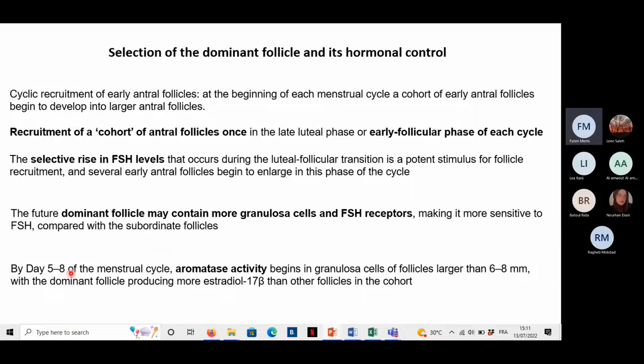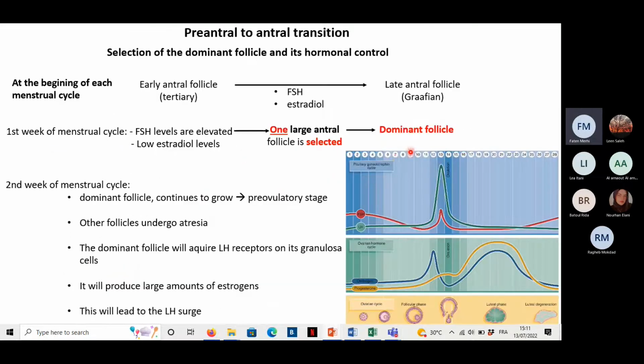And by day 5 to 8 of the menstrual cycle, the aromatase activity begins in the granulosa cells of the follicles. The aromatase is the enzyme that converts the androgens like testosterone into estrogens. Okay, so by day 5 to 8, we will have the aromatase activity.